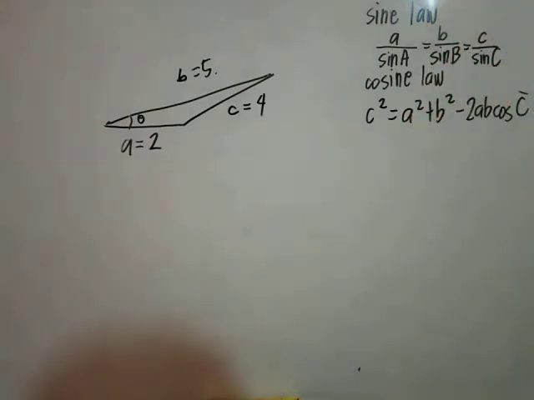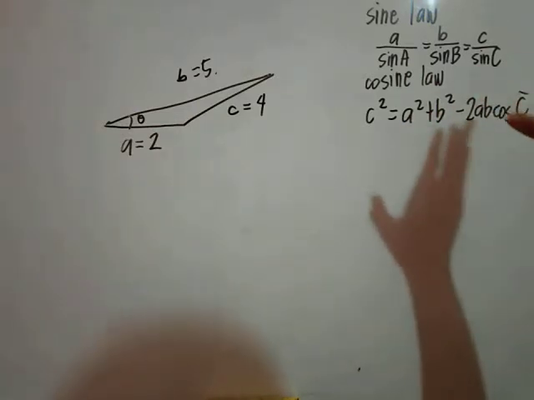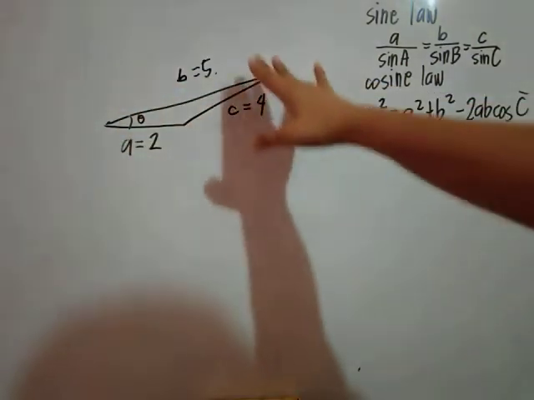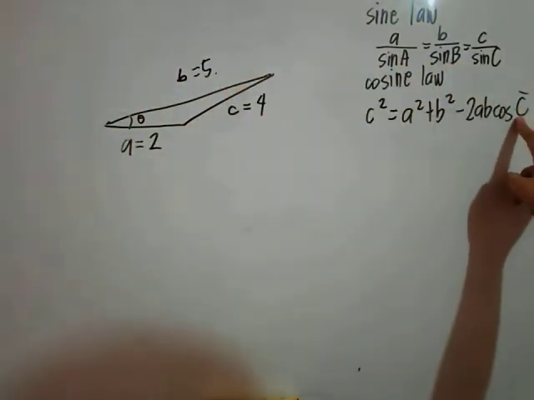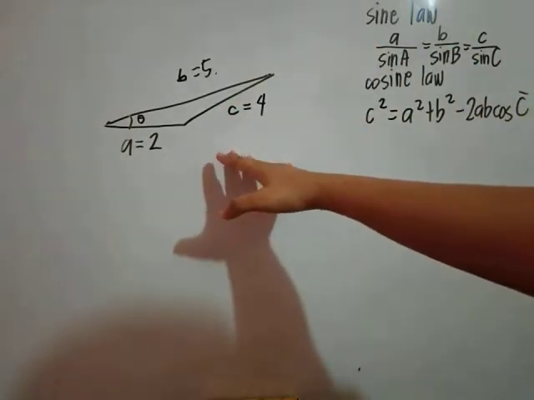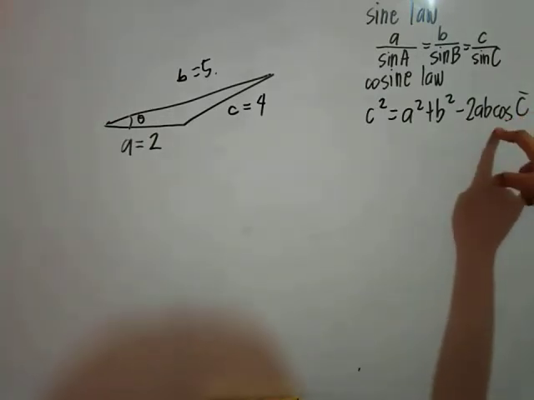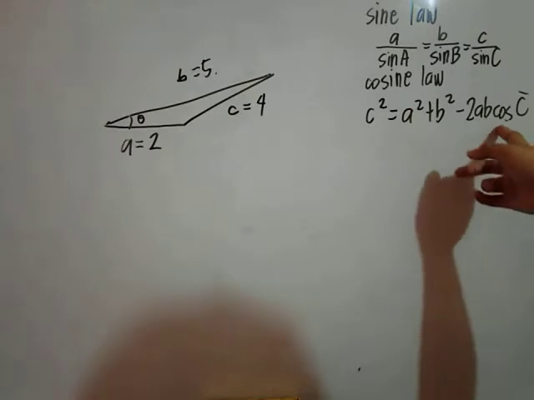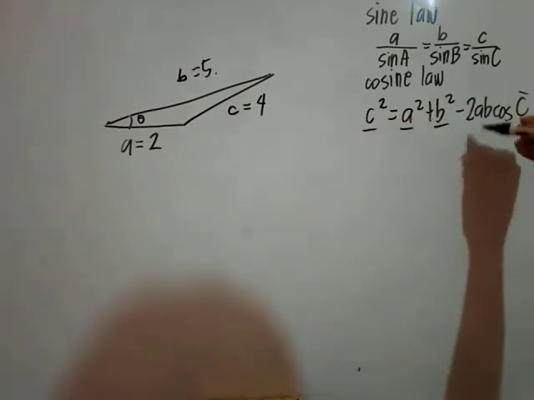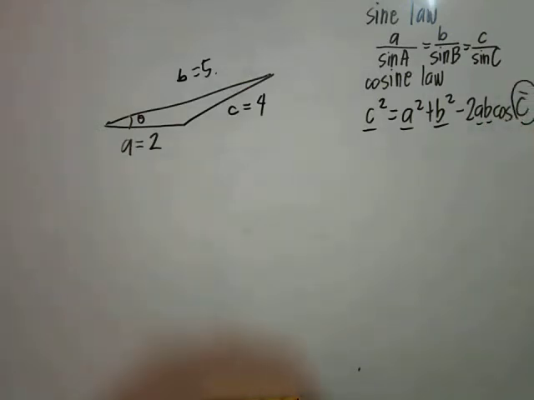So, si cosine law naman, kailan siya ginagamit? Si cosine law, kapag ang involved is meron kang tatlong side and then involve yung isang interior angle. Sa case nito, mas paborableng gamitin si cosine law, dahil given na yung tatlong side, di ba? Given na itong tatlong side, and then missing si angle.